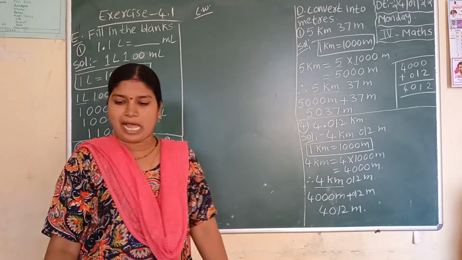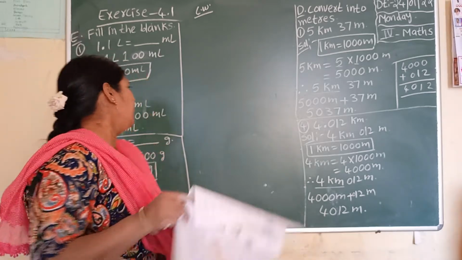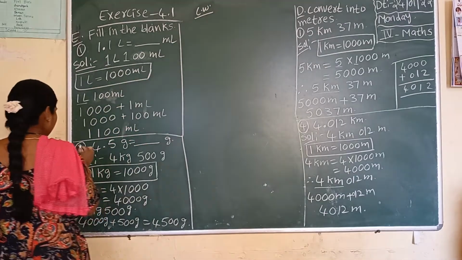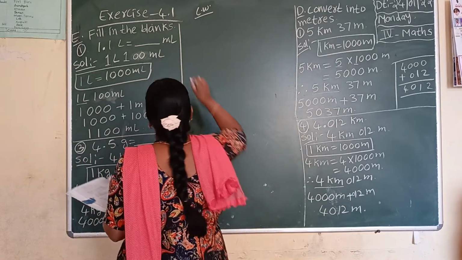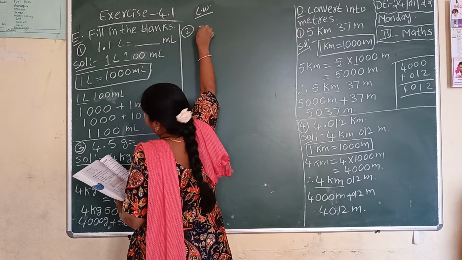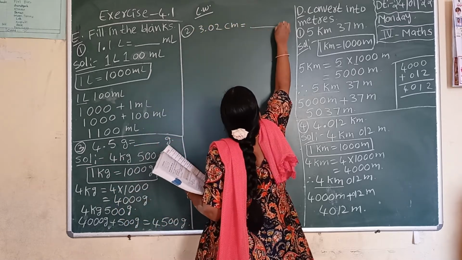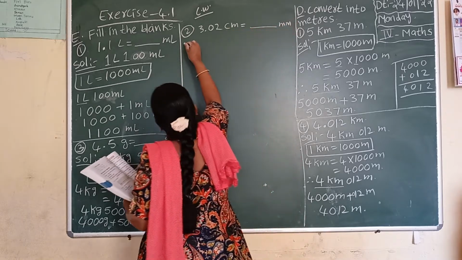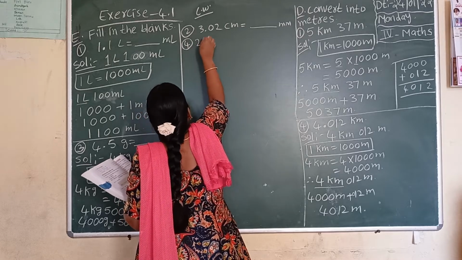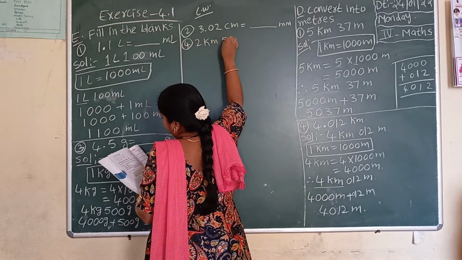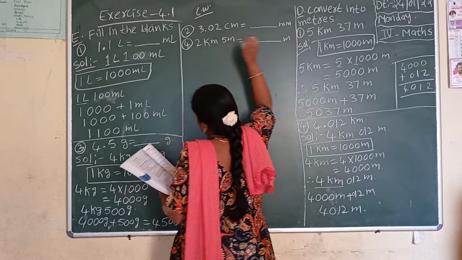Same like this you have 6, 3, 4, 5, 6. 4.5 is the third question. Second one, 3.02 centimeters equal to dash millimeters, and fourth one, 2 kilometers 5 meters equal to dash meters.